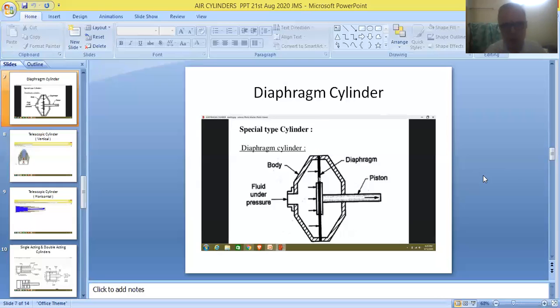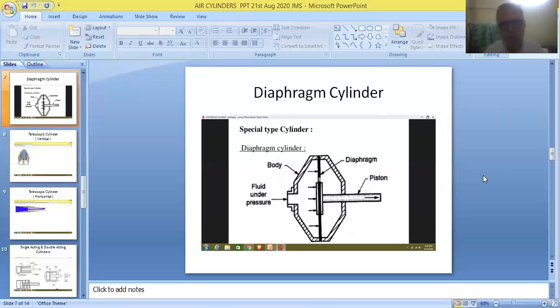Diaphragms are capable only of covering small distances, but they exert a maximum amount of force. They give a maximum amount of energy to the tool of the machine, but they cover small distances so far as movements of these items are concerned.